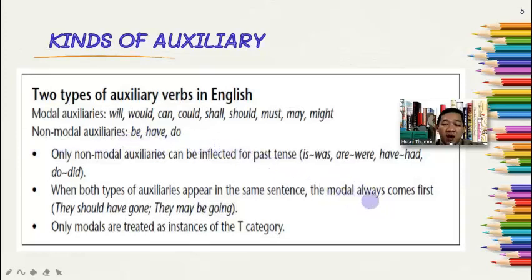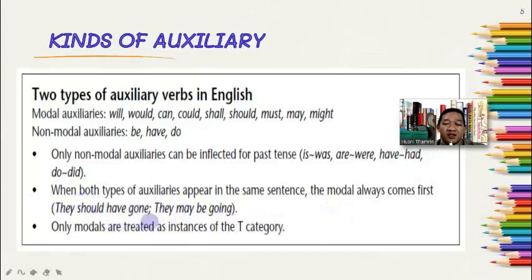Nah, di sini berawal dari modal auxiliary seperti will, would, can, could itu harus pertama setelah subjek. Okay, take for example like this. They should have gone. They may be going.